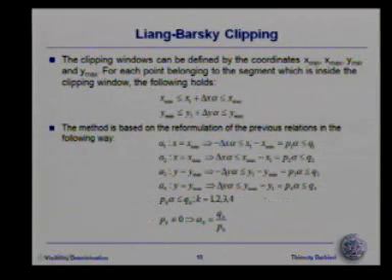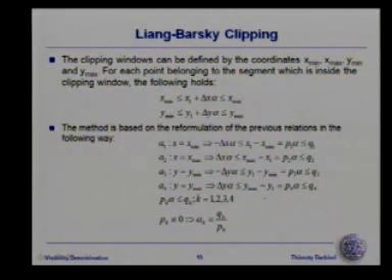Now, this is where they had the brilliant idea. For every point belonging to a segment which is inside the clipping window, these equations hold. x1 plus delta x alpha is between x min and x max, for each point which is inside the clipping window, mind you.